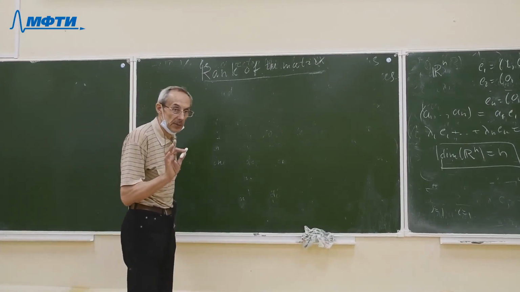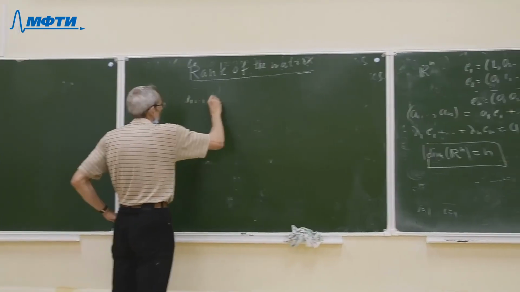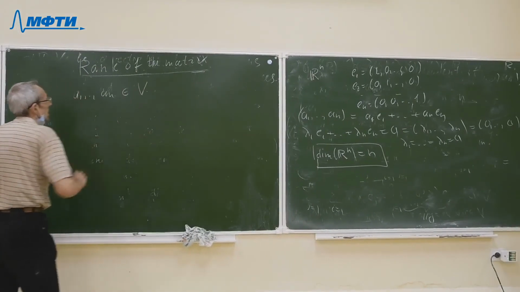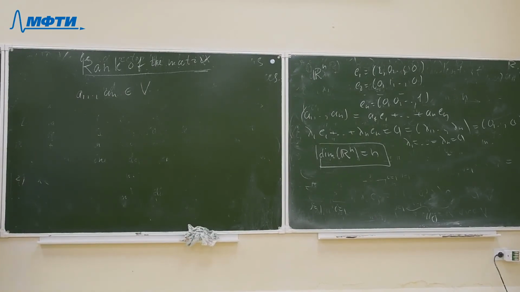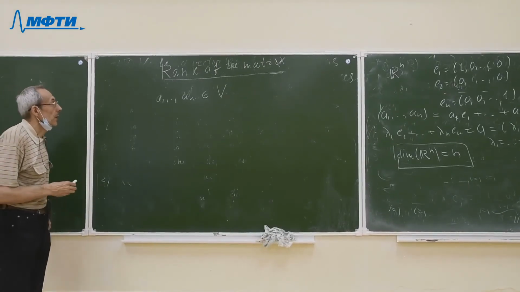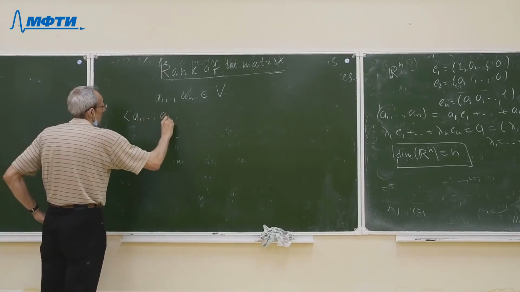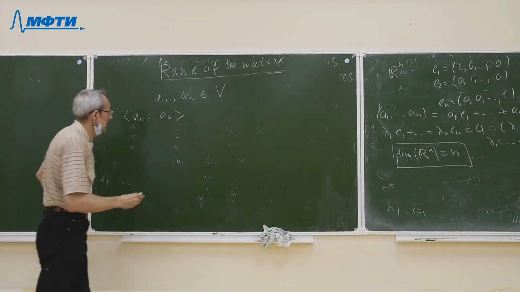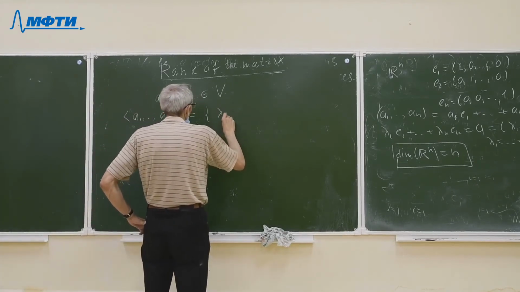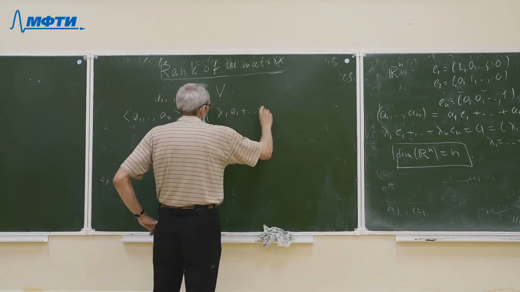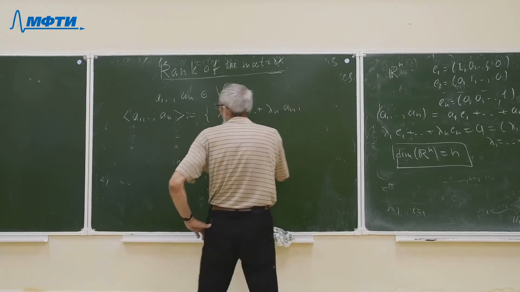If I have an abstract vector space V, and let A1, An be some vectors in V. In the previous lecture, you considered the so-called linear span of these vectors. The linear span, by definition, is the set of all linear combinations of these vectors.